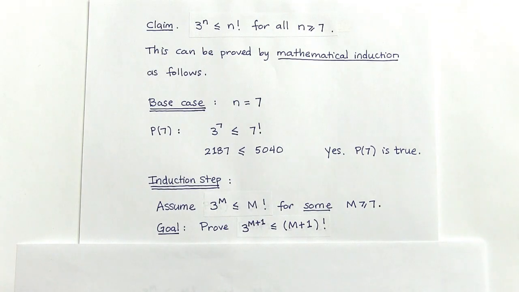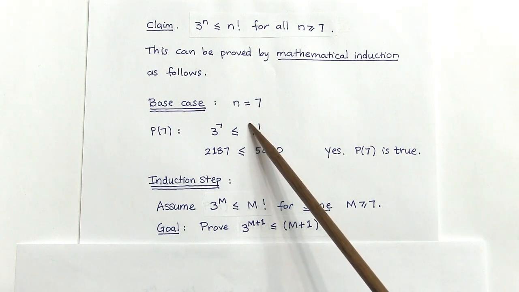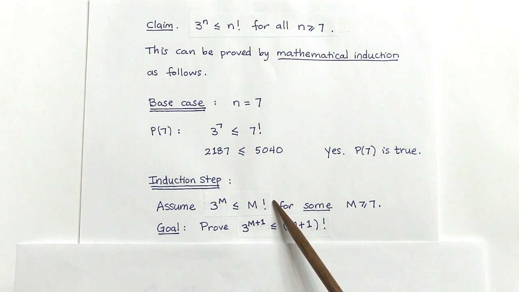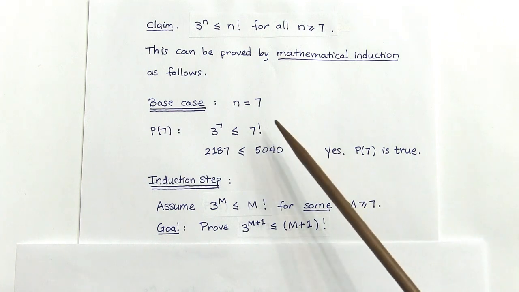So to prove our claim using mathematical induction, remember, we need 2 steps. We need the base case and the induction step. The base case is where the chain starts. From looking at our table, we're claiming that the chain starts at 7.